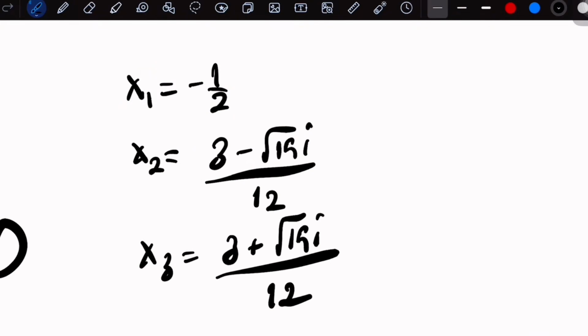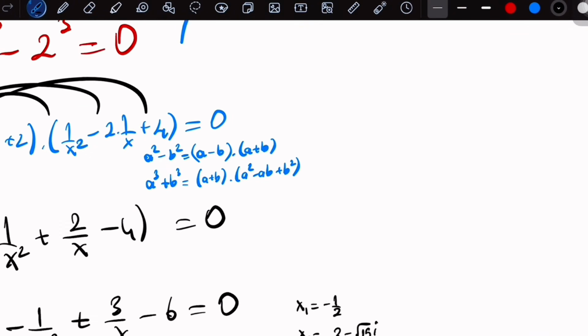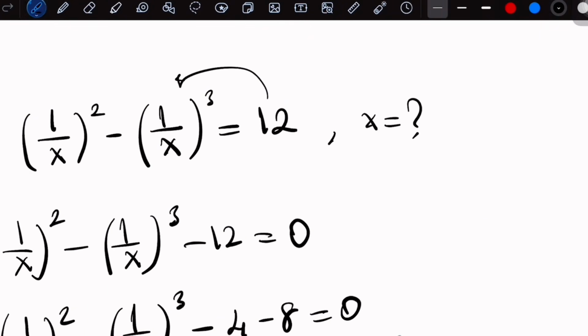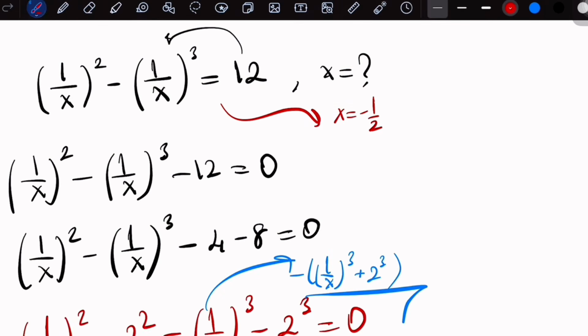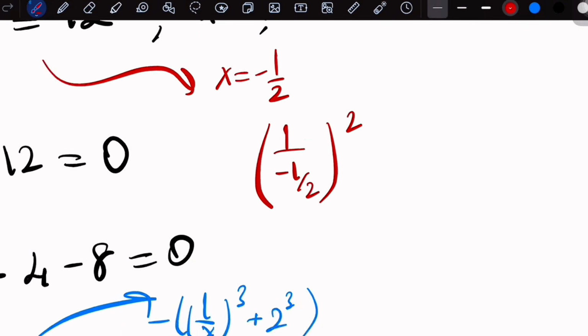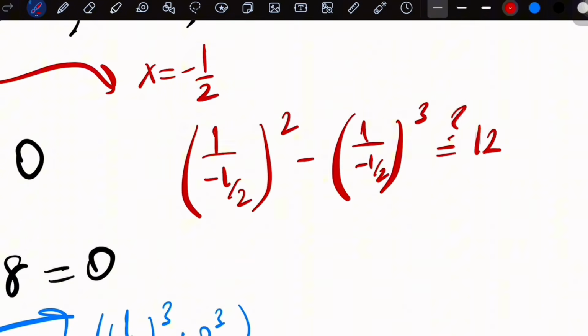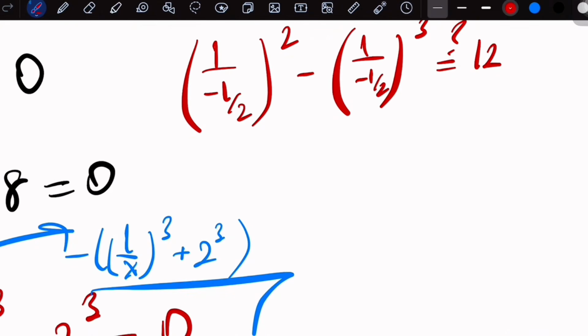For example, if we want to try minus 1 over 2 right here in our equation, look, where is our equation in the first place? Let's try minus 1 over 2 here. What will happen? We'll get minus 2 squared minus, minus 2 cubed. Is it equal to 12? Yes, I wrote the first one exactly, we were reversing and multiplying the second.